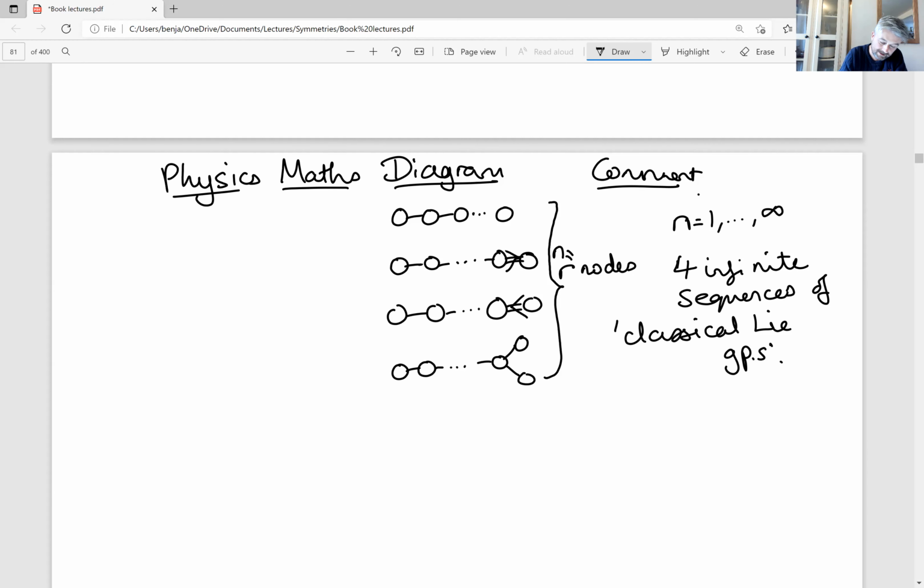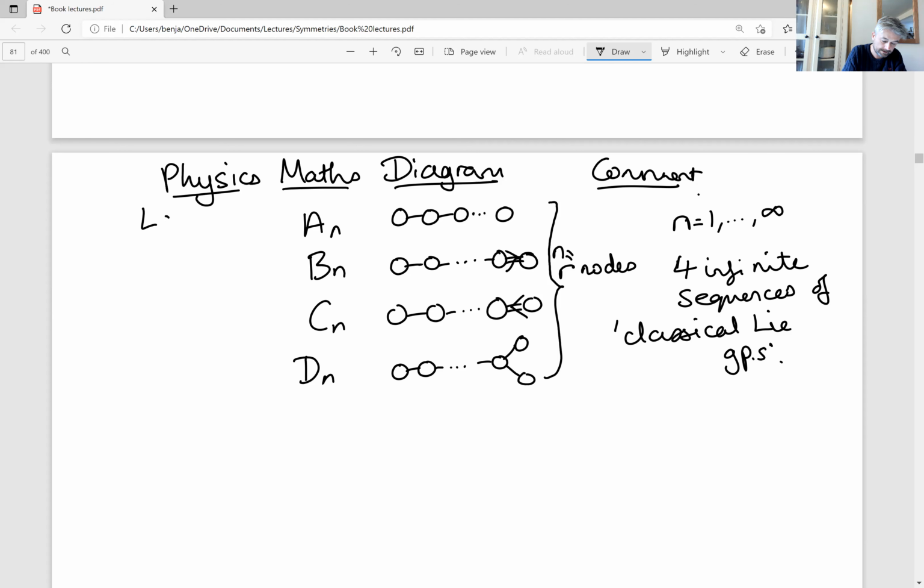Okay, so the maths notation is simple. It's A_n, B_n, C_n, D_n for these. The physics notation is, okay, let me see.